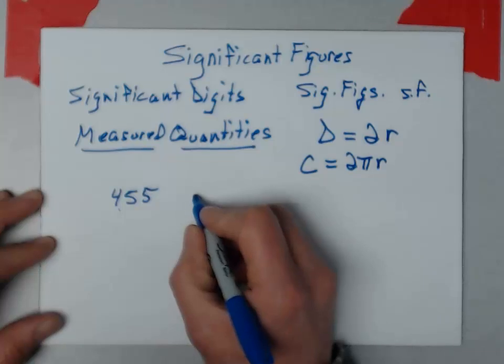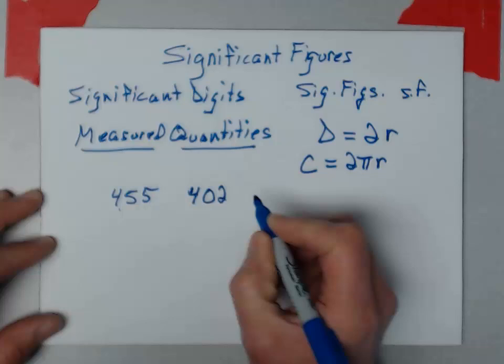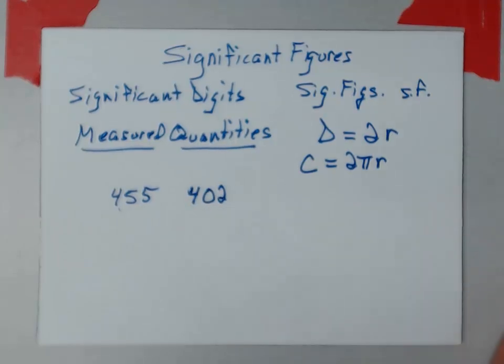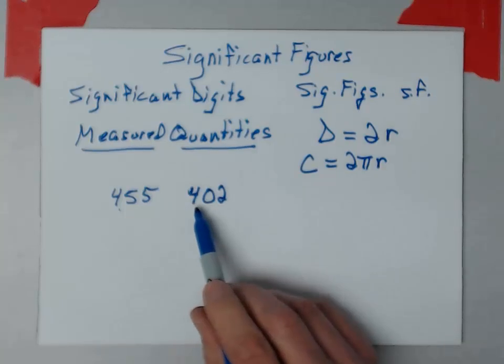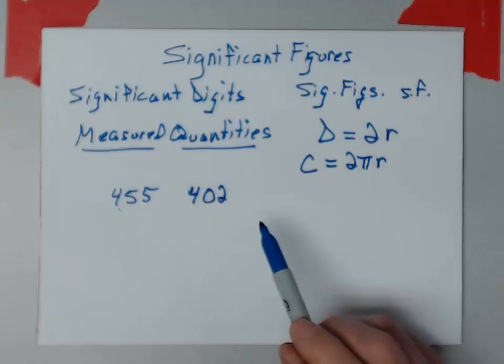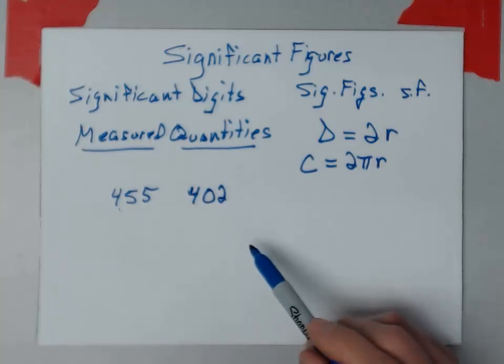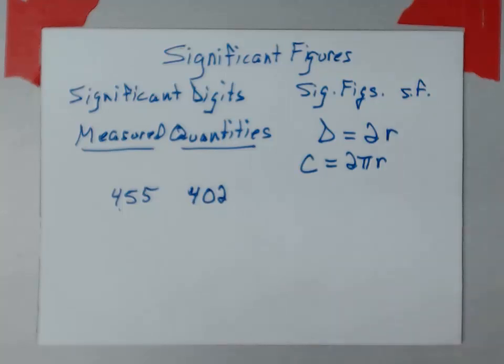Something else with 3 significant figures is the number 402. That also has 3 significant figures. So that 0, when it's in between non-zero digits, is significant. Zeros end up being a little bit tricky when we're dealing with significant figures. We have to learn how to deal with them correctly.